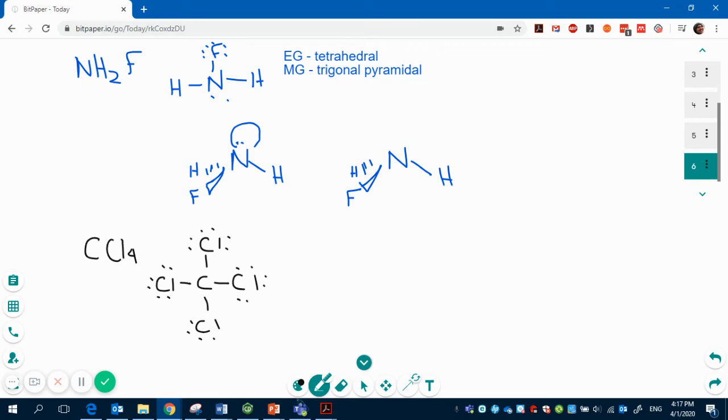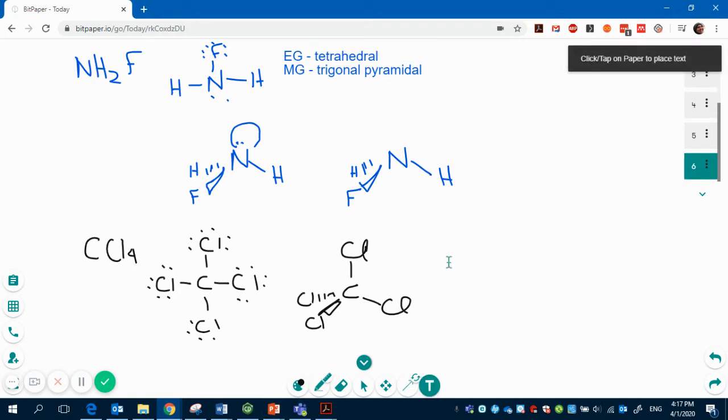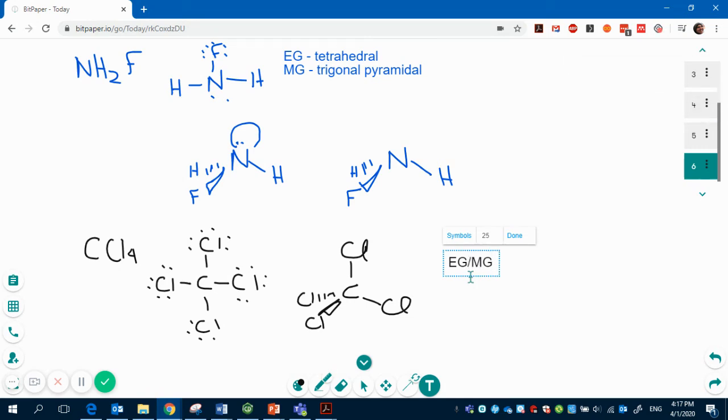And this time it's just going to be tetrahedral because there are no electron pairs. So something like that. And in this case, the electron geometry and molecular geometry are both tetrahedral.